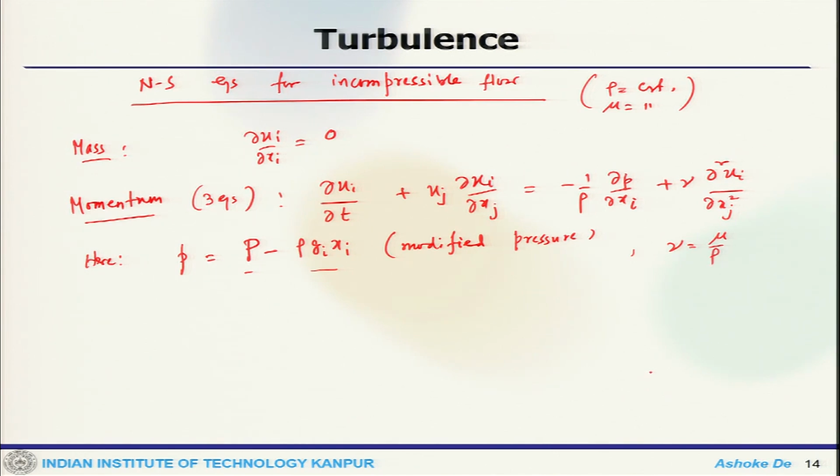Now, when you look at this mass and momentum conservation equation, we have a total of 4 equations and we have 4 unknowns, which are 3 velocity components and pressure.